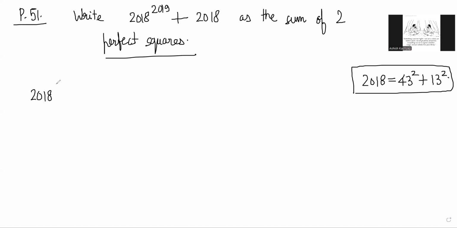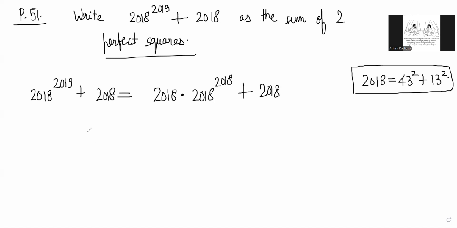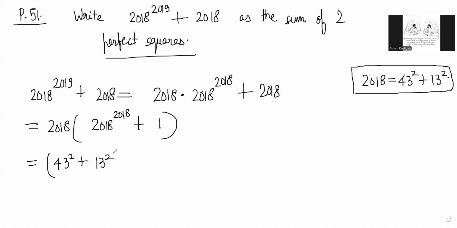You can write 2018 to the power 2019 plus 2018 as 2018 into 2018 to the power 2018 plus 2018, right? I hope that is obvious. And then we can take 2018 common, and inside you have this, correct? Now you can write this as 43 square plus 13 square.